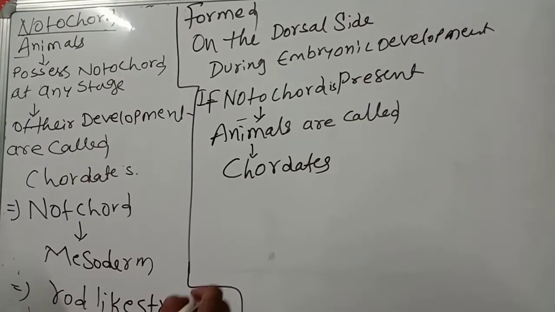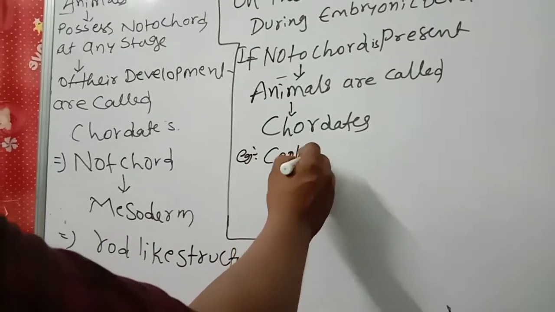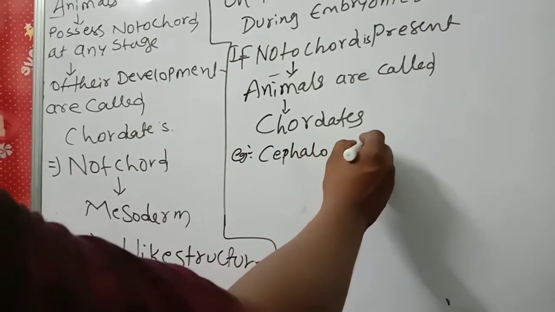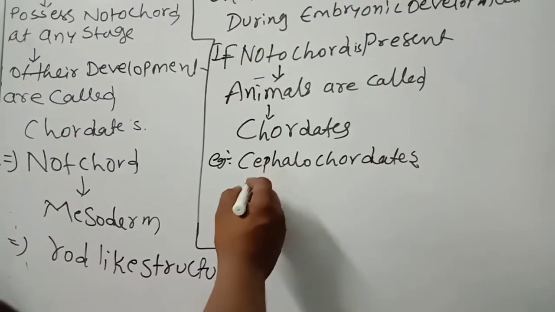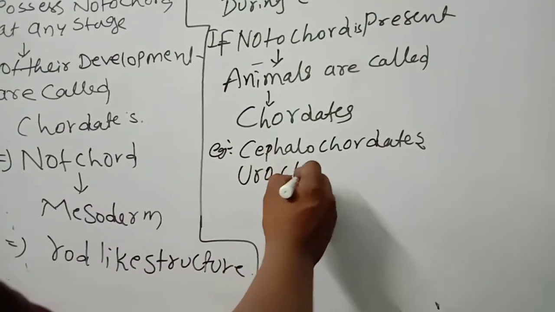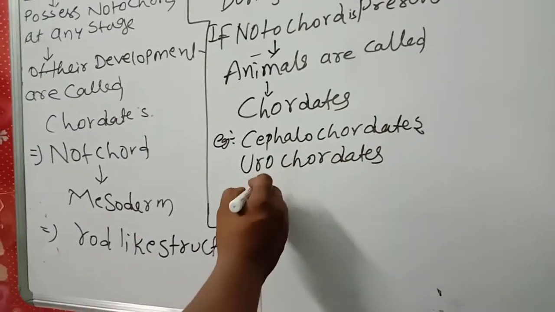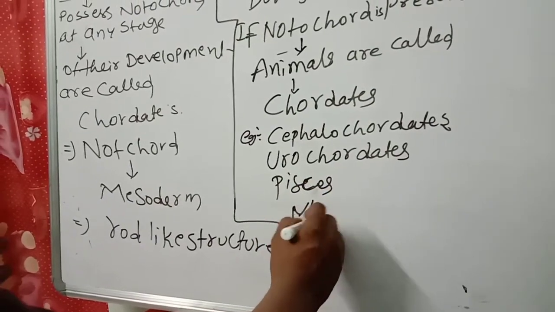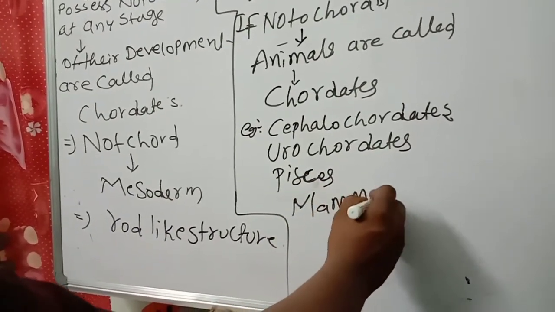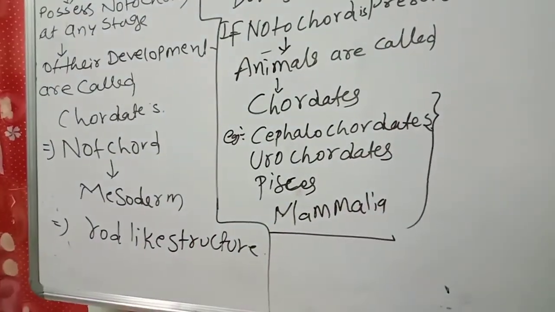What are the chordates? Examples I'm writing: cephalochordates, urochordates, pisces, and another one is mammalia. These all are called chordates.